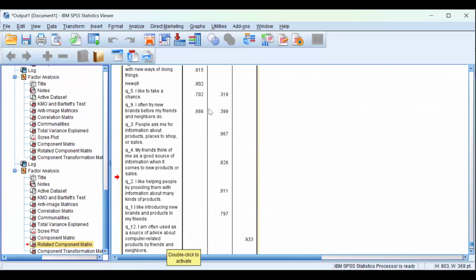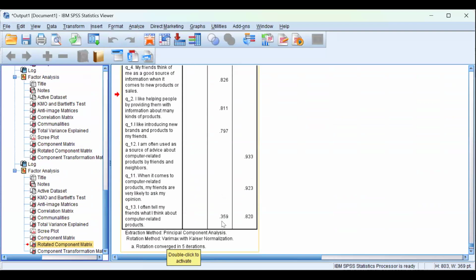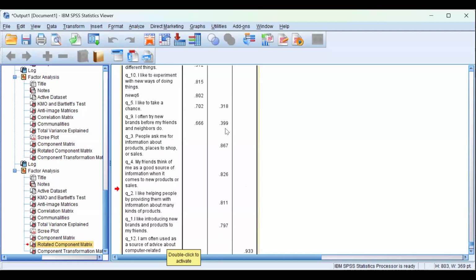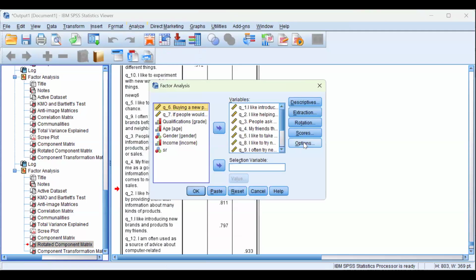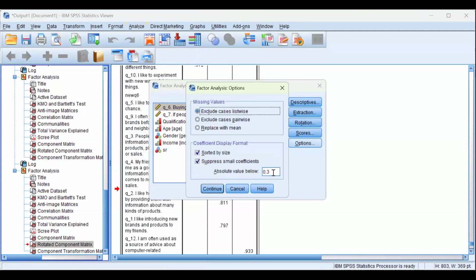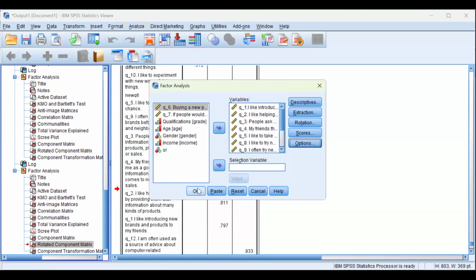Can you see here? The factor matrix structure is getting clear, but we are still seeing these values 0.359 and 0.399, which is a very, very low correlation. So we go to analyze again, dimension reduction, factor, and options. Now instead of 0.3, I will say 0.4, and I continue and say okay.